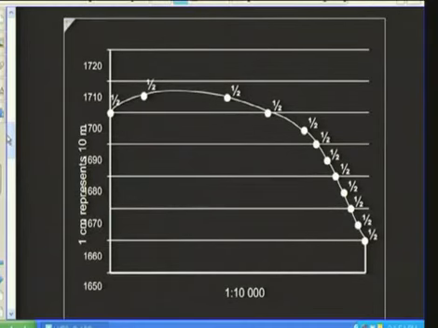And there we can see taking care to plot every single place, every single contour line in its exact position, and then just to draw it up freehand by going through each of the dots.